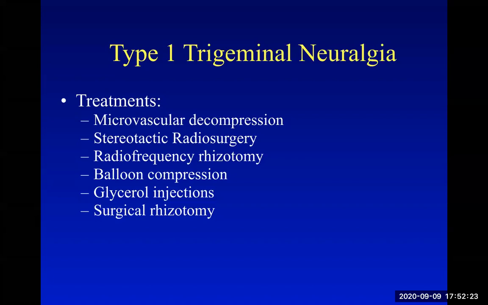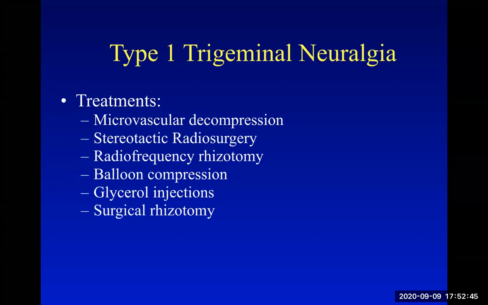The stereotactic radiosurgery also, by damaging the nerve, damages the sensory fibers in the nerve. So the trigeminal nerve has both pain fibers and sensory fibers, and by damaging the sensory fibers in the nerve, you will get some potential numbness in the face.